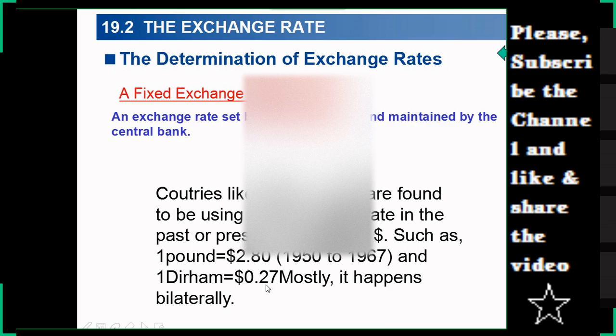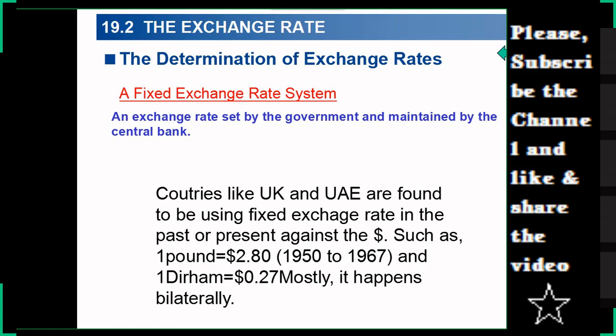Now the point is, this fixed rate is revised by countries after a decade or maybe after a few years. This rate was previously 0.25, now it is 0.27. That means probably UAE has revalued its currency. Okay.